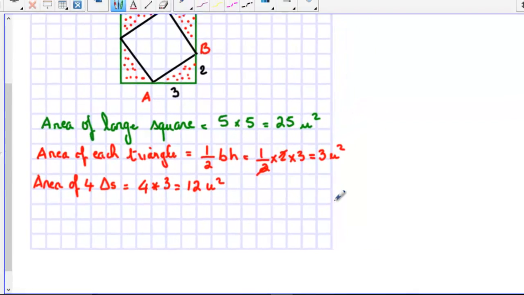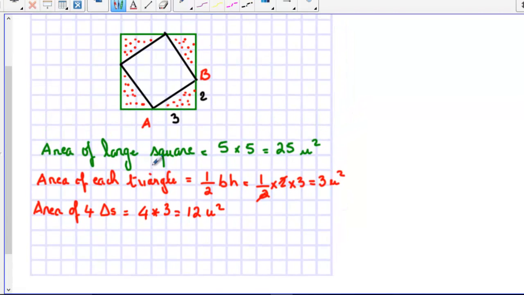Someone will ask me why you are doing that. All my goal is to get the area of the black square. So if I subtract the area of the 4 red triangles from the large square, which is the green square, I can get the area of the black.